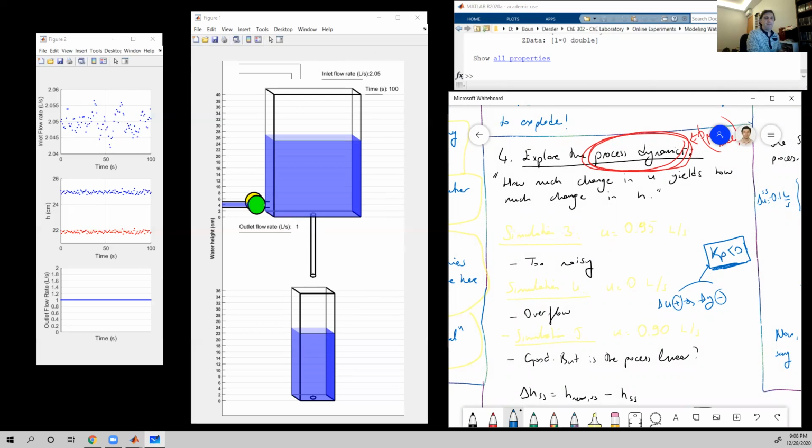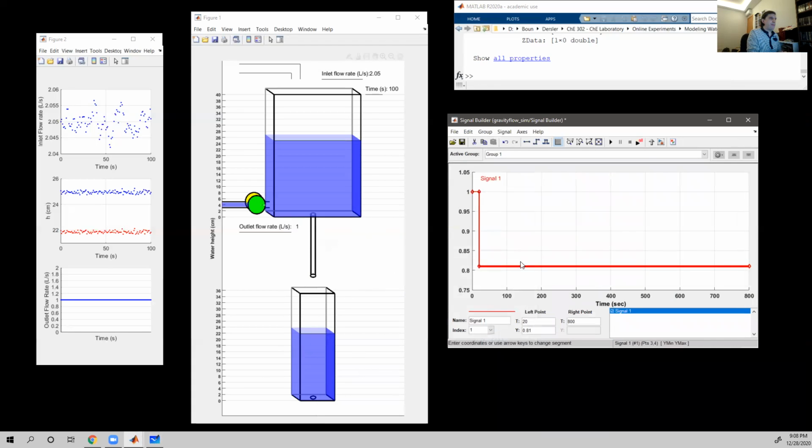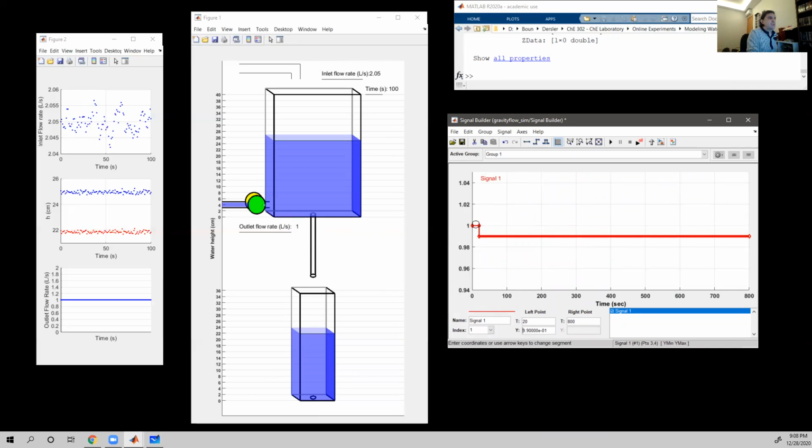So let's do that. I'm going to take this value and make it 0.99. After 20 seconds, I'm going to decrease the outlet flow rate to 0.99.